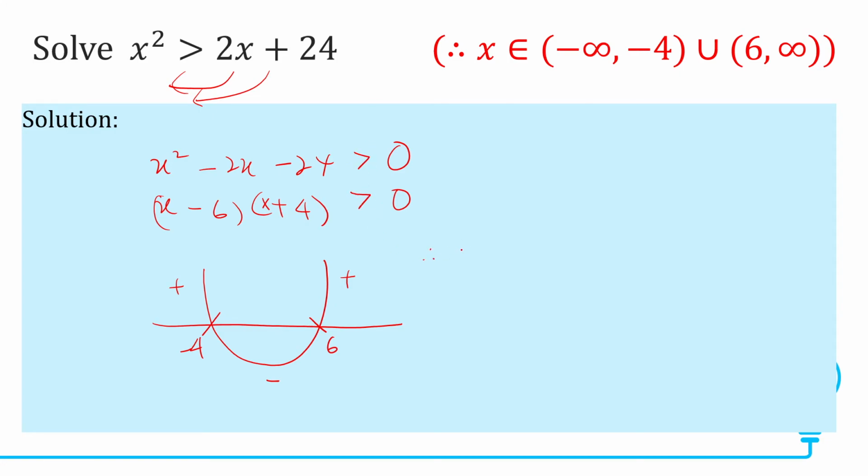Since it is greater than, choose positive, to alert myself with a proper indicator. That means x is greater than 6, or x is less than negative 4.